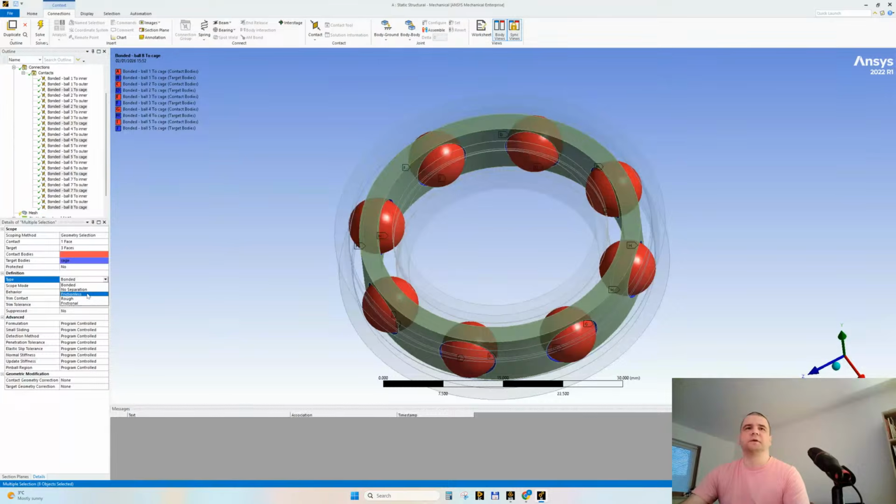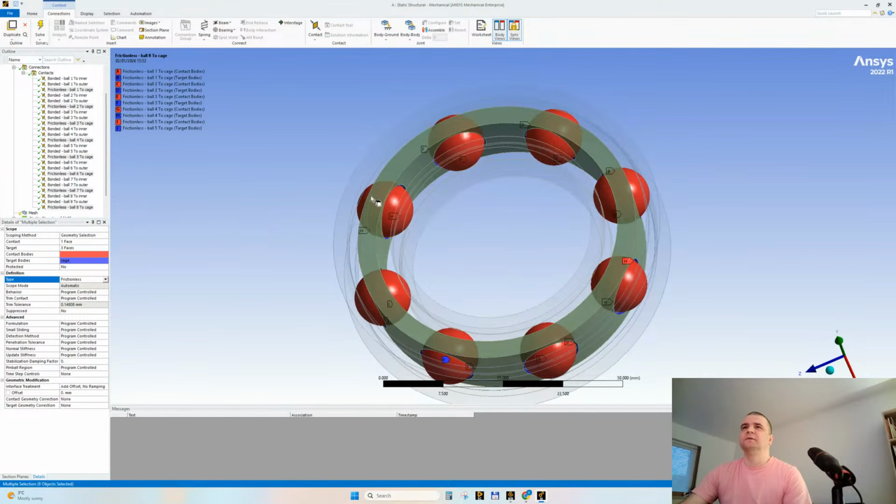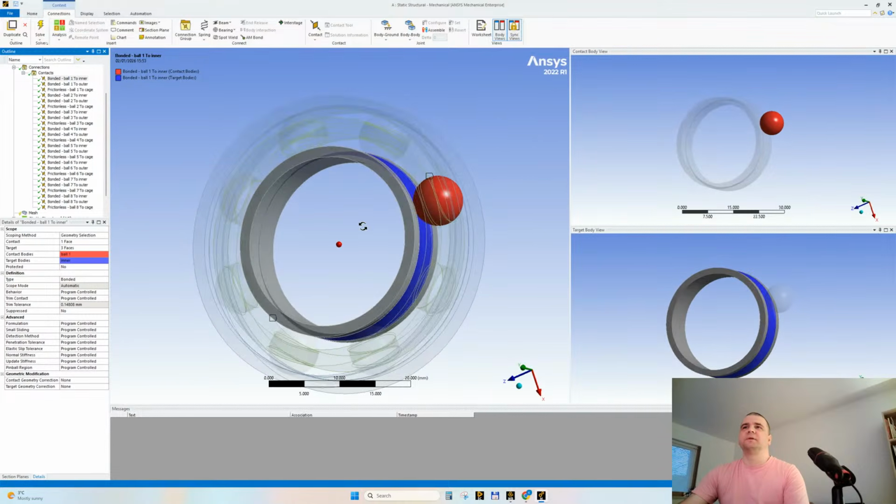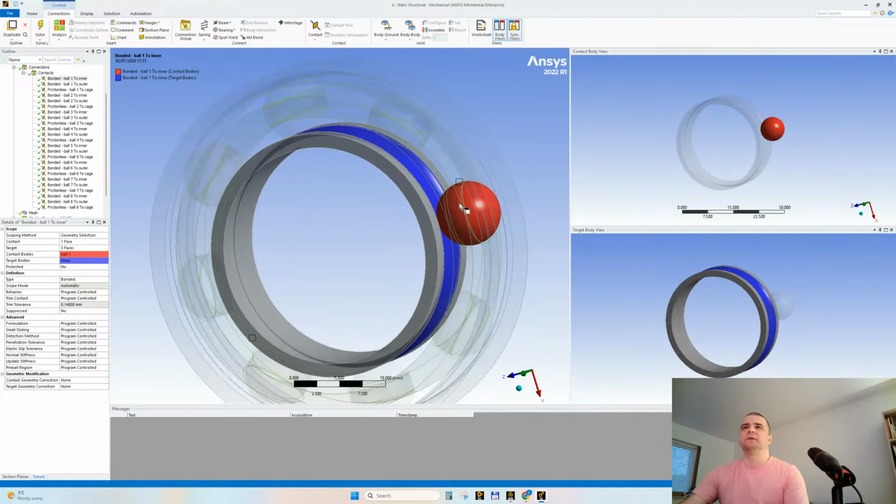We will get this out of the way. All right, we don't really care too much about those contacts. Where we will care is what will occur between the race grooves and the balls.